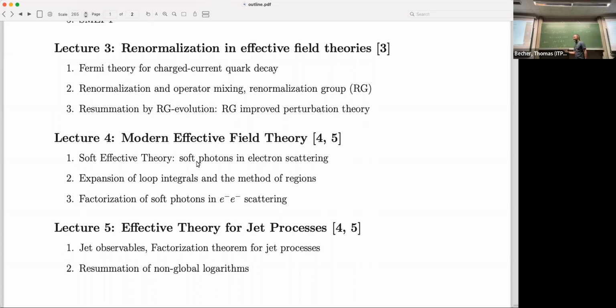Except that the 2 has to be replaced by 1, so it's (d minus 1) over 2, in d equals 4. So that means psi goes like 3 over 2, like energy to the power 3 over 2.